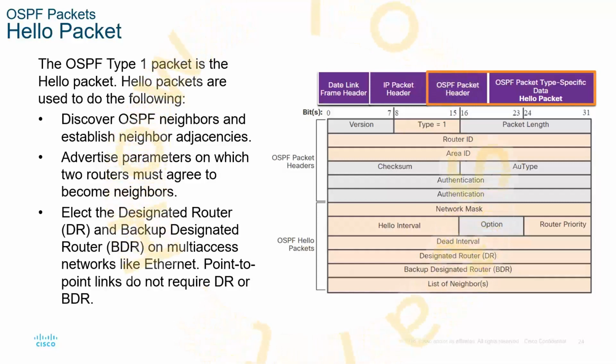Point-to-point links do not require a designated router or a backup designated router, but they may happen. OSPF has its own packet header, and it will have things like its router ID, its area ID, if there's authentication, the hello intervals. It will also have the designated router address and the backup designated router, as well as a list of neighbors.